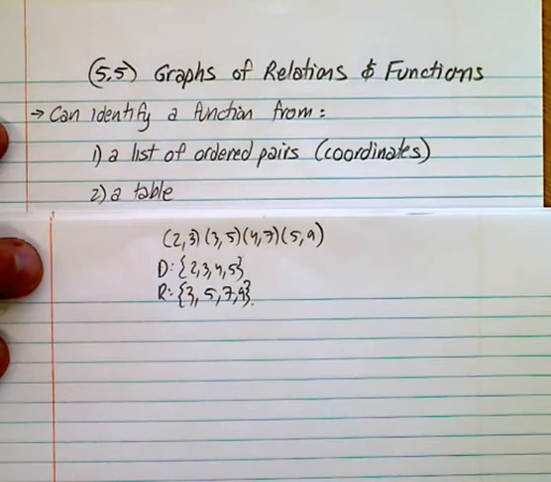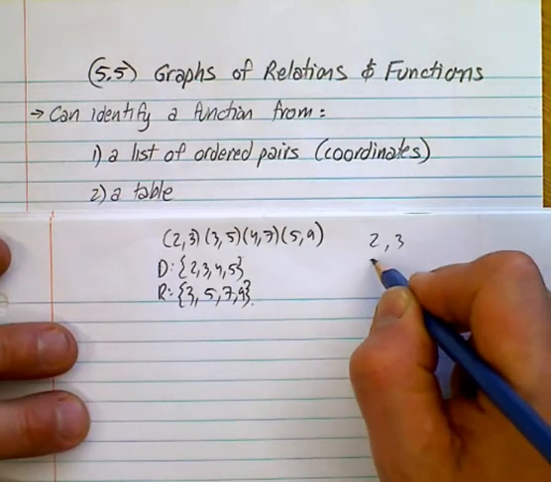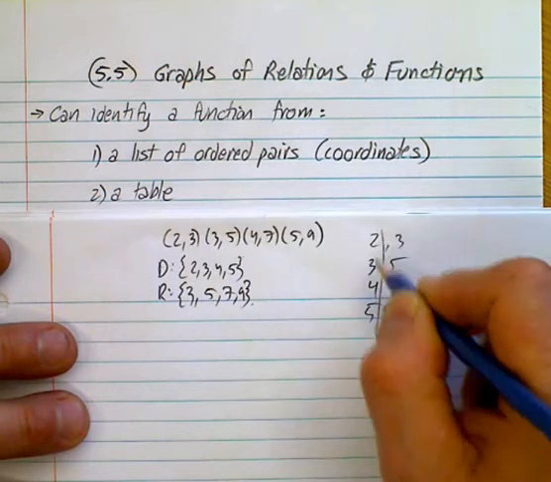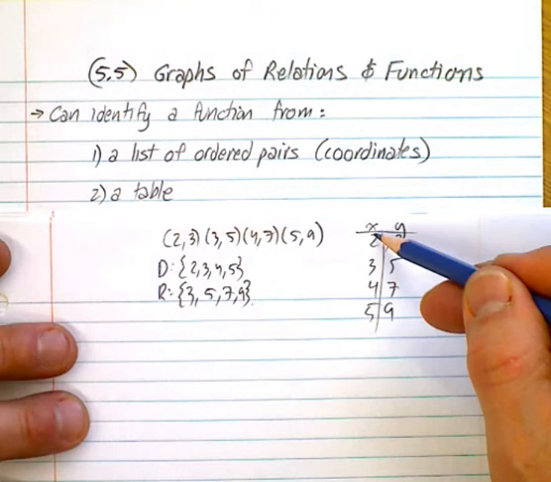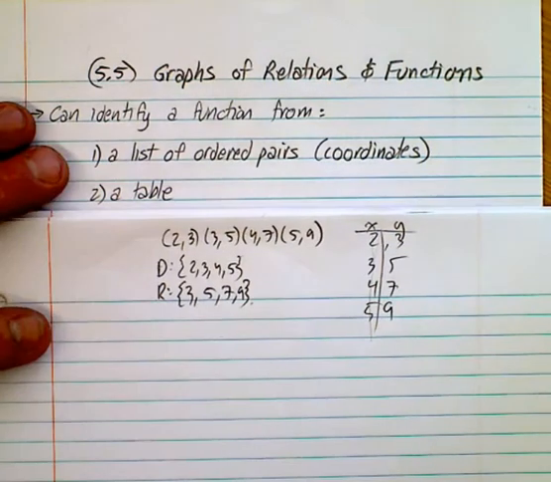You should be able to identify it from a table because if I put this in a table, it would be 2, 3, 3, 5, 4, 7, 5, 9, where this would be your x, that would be your y. You can see the same thing, right? Your x's are all different, so then we can see that it's a function.